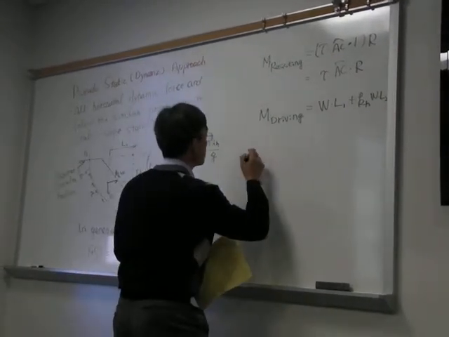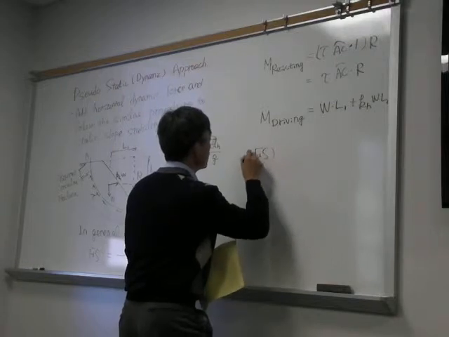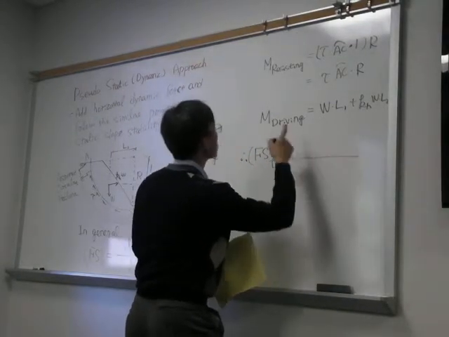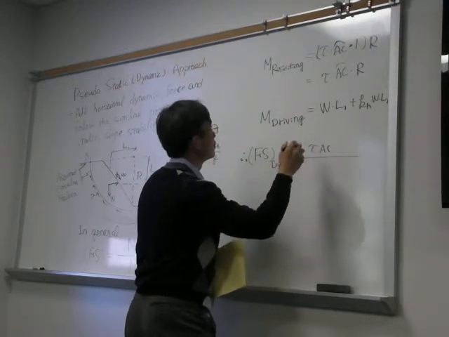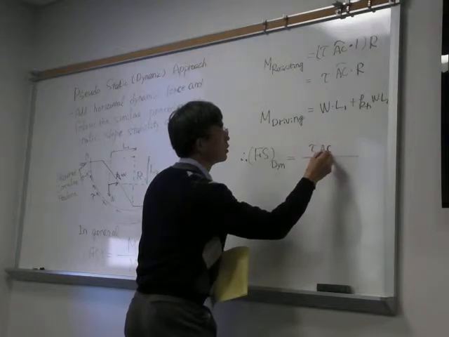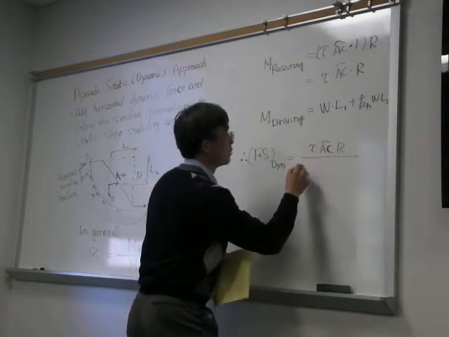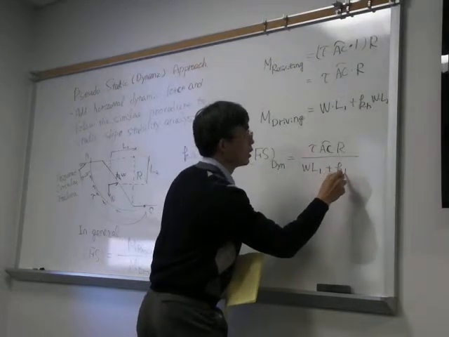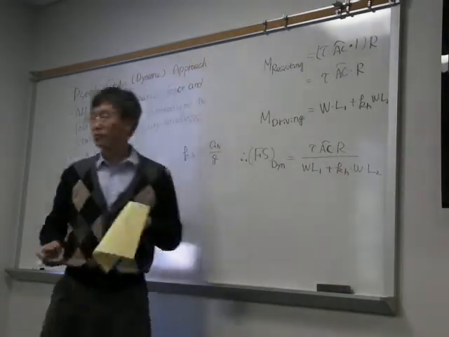Okay, then we can say the factor of safety for dynamic condition should be resisting tau times arc length times R divided by W L1 plus K H W L2.